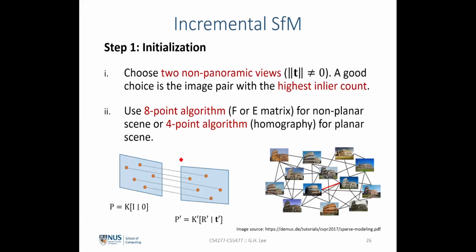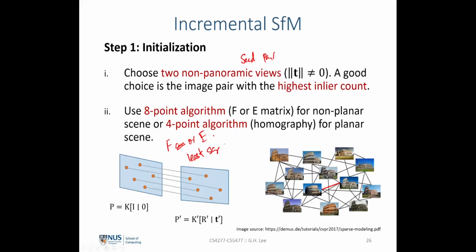The reason is that we learned in the earlier lecture that the computation of the fundamental matrix and the essential matrix is essentially a least squares computation, and a least squares computation would be much more accurate when we have more observations from the correspondences. Hence, we want to choose the initial pair, which we also call the seed pair of images, to do our incremental structure from motion as the one with the highest inlier count.